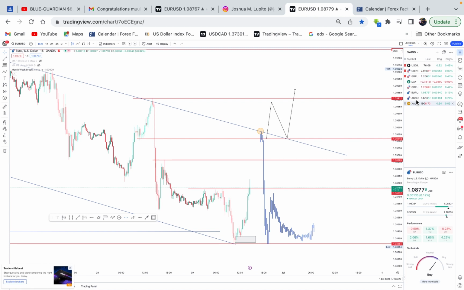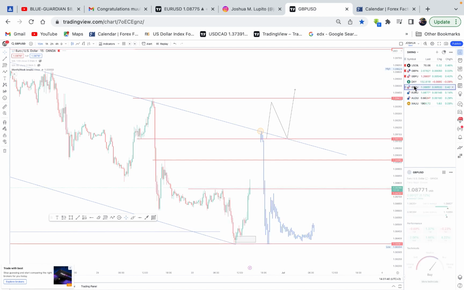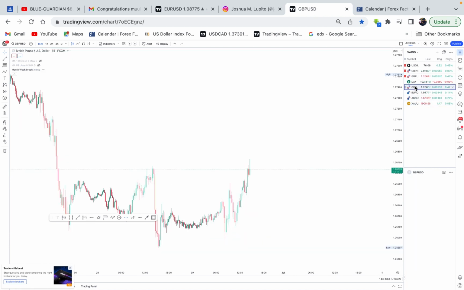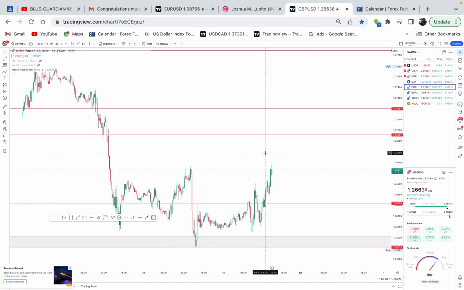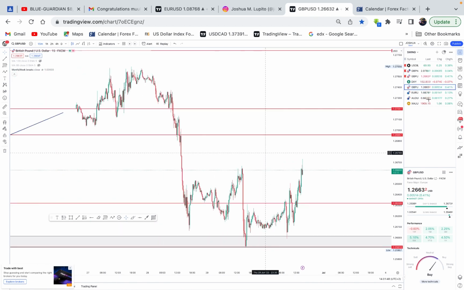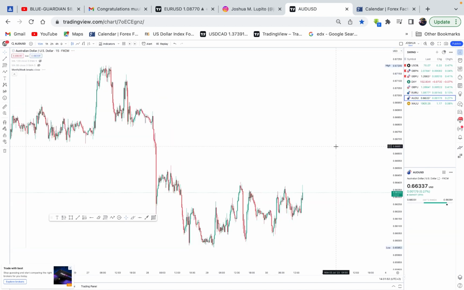So we've looked at gold, GBPUSD. I think we looked at GBPUSD and AUDUSD.